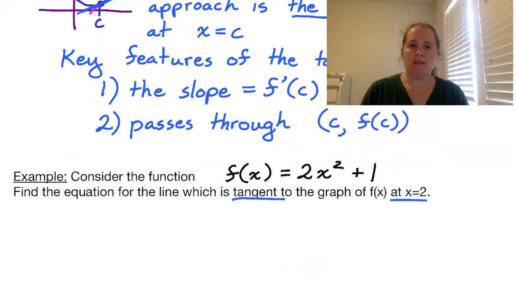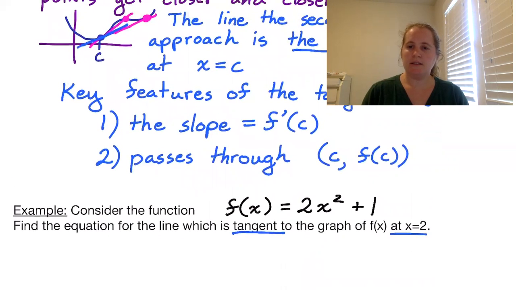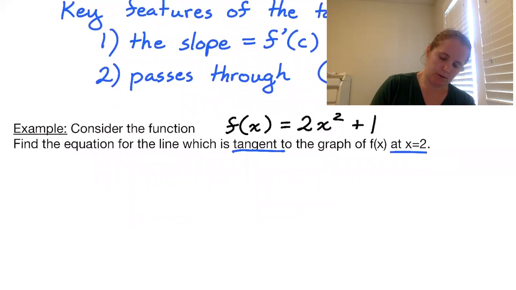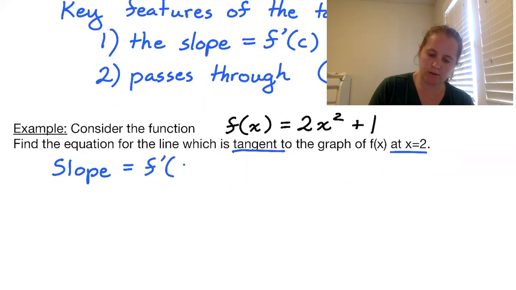So we already saw that this line should have slope equaling f prime of c, so in this case f prime of 2, and it will pass through the point c, f of c, so in this case 2, f of 2. So we know that the slope will be equal to f prime of 2.